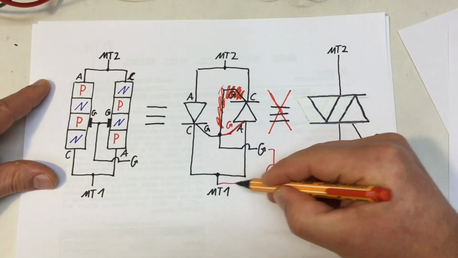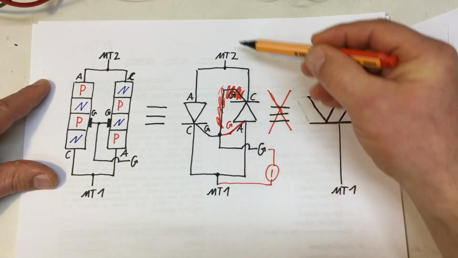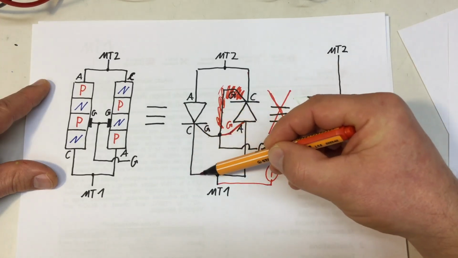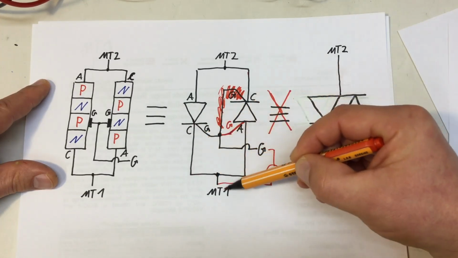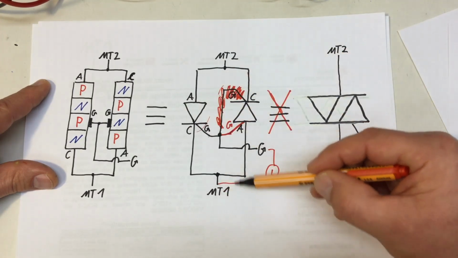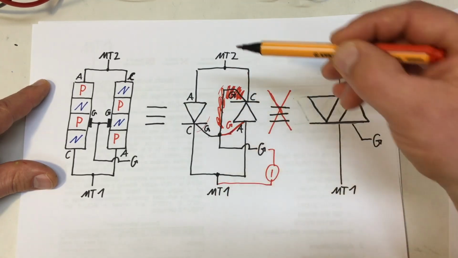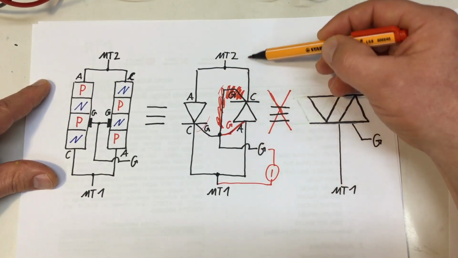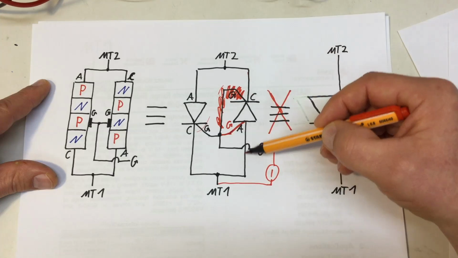some current source here to trigger my gate, okay, positive here. I put a positive current here through the gate back to main terminal 1. I switch that on. Now my main terminal 1 is positive and main terminal 2 is negative, so I need to switch that on.